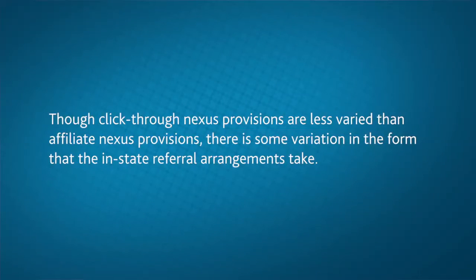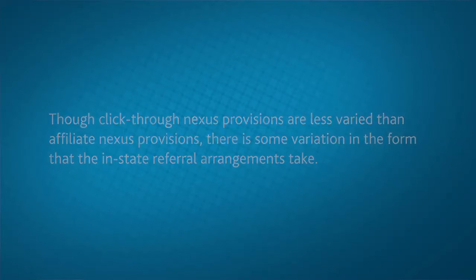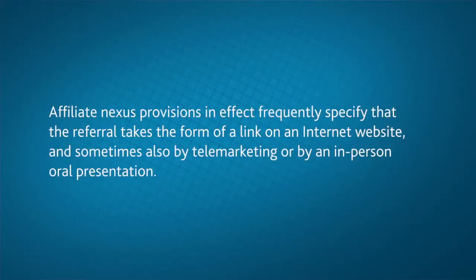Though click-through nexus provisions are less varied than affiliate nexus provisions, there is some variation in the form that the in-state referral arrangements take. Click-through nexus provisions, in effect, frequently specify that the referral takes the form of a link on an internet website, and sometimes also by telemarketing or by an in-person oral presentation.